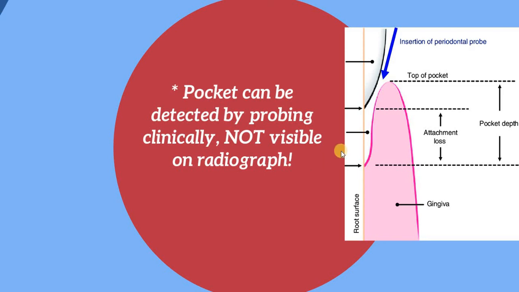The probe should be used gently, without pressure, and inserted parallel to the long axis of the tooth, but slightly obliquely, to be inserted inside the sulcus. For this purpose we use a periodontal probe of different designs. The most appropriate one, in my opinion, is the WHO probe, which has a ball of 0.5 millimeter.